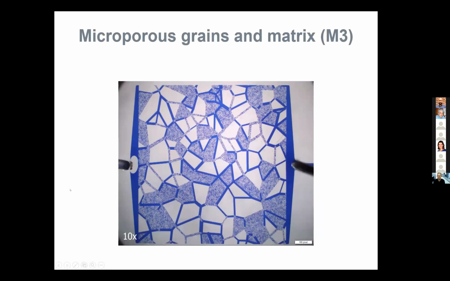Here, the case with some microporous grains and a microporous matrix filling part of the big channels.